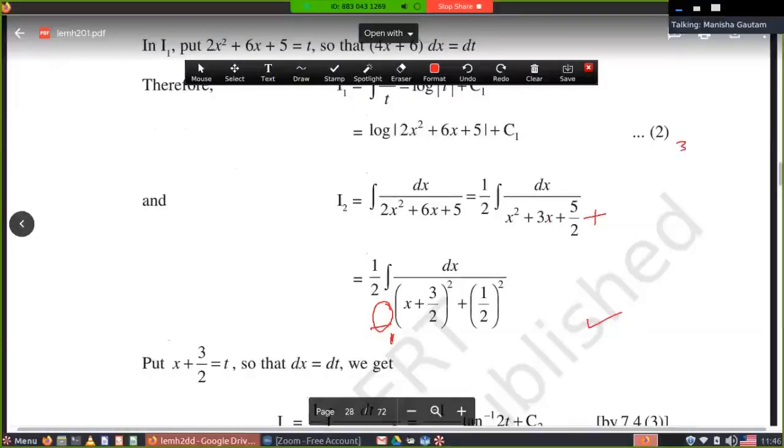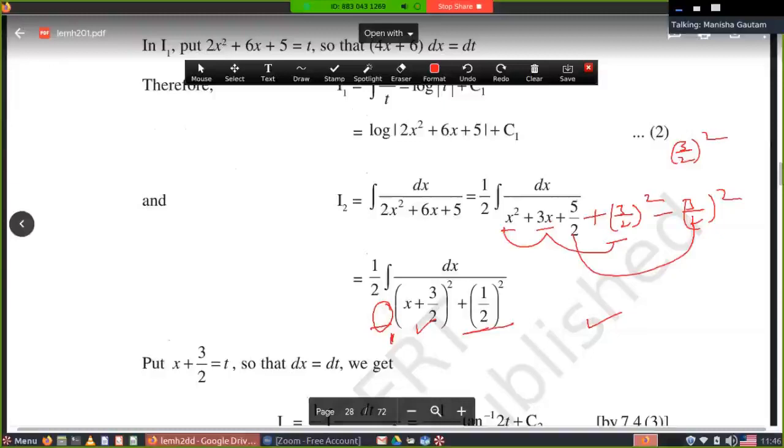Half of the coefficient is 3 by 2. Its square is (3 by 2) square. Adding (3 by 2) square and subtracting (3 by 2) square. When you collect these three terms, you will get (x plus 3 by 2) whole square. And when you solve 5 by 2 minus (3 by 2) whole square, you get (1 by 2) whole square. Now put x plus 3 by 2 equal to t.